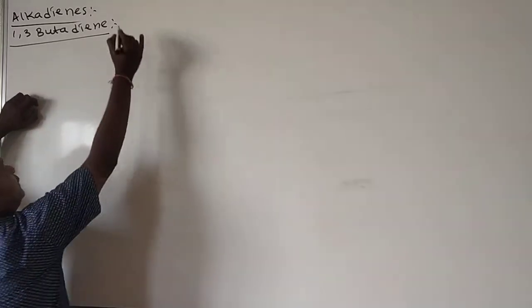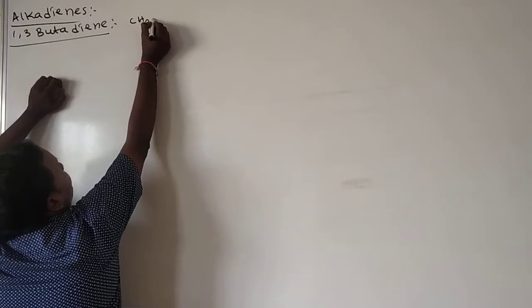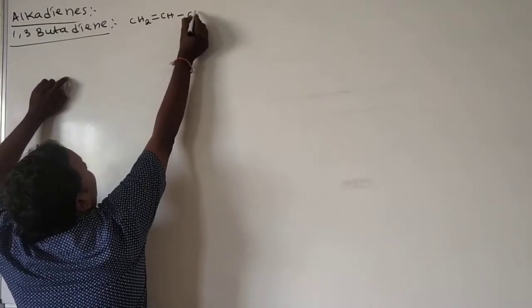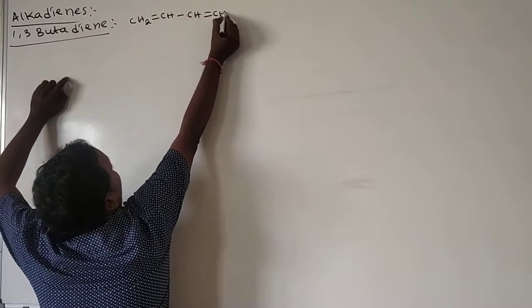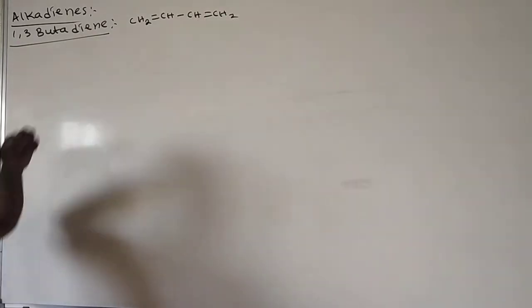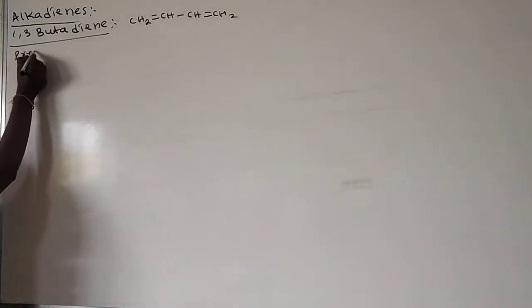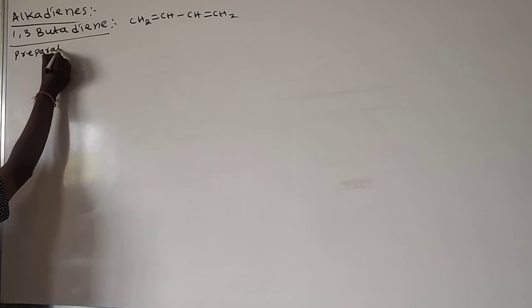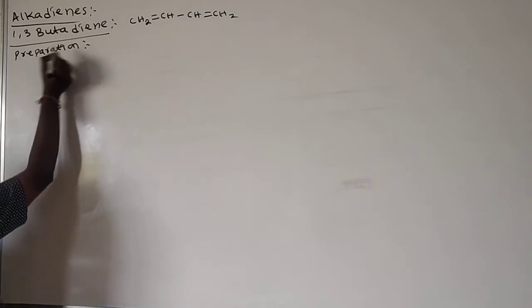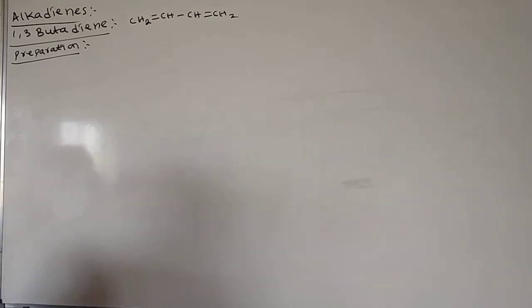What is the structure of 1,3-butadiene? CH2=CH-CH=CH2. It is called 1,3-butadiene. How do we prepare 1,3-butadiene? By using three important methods.